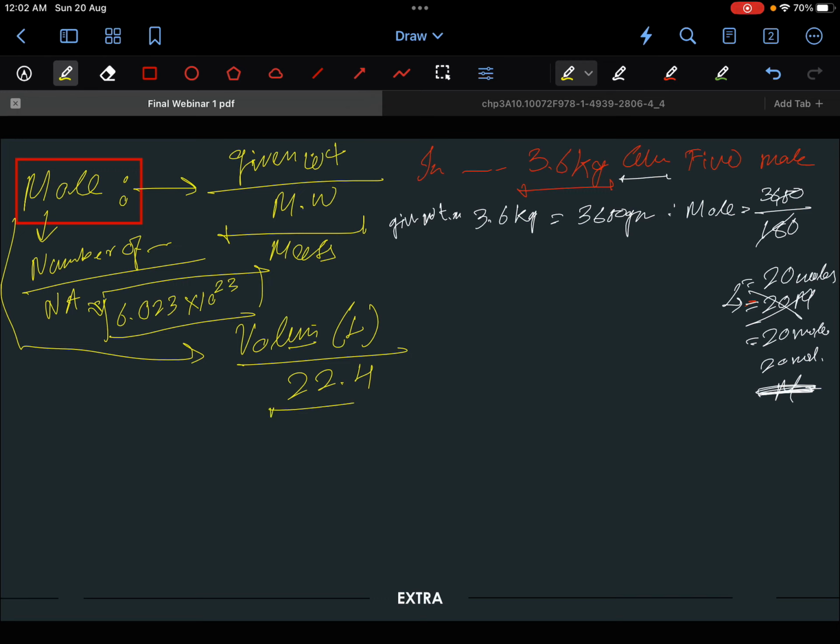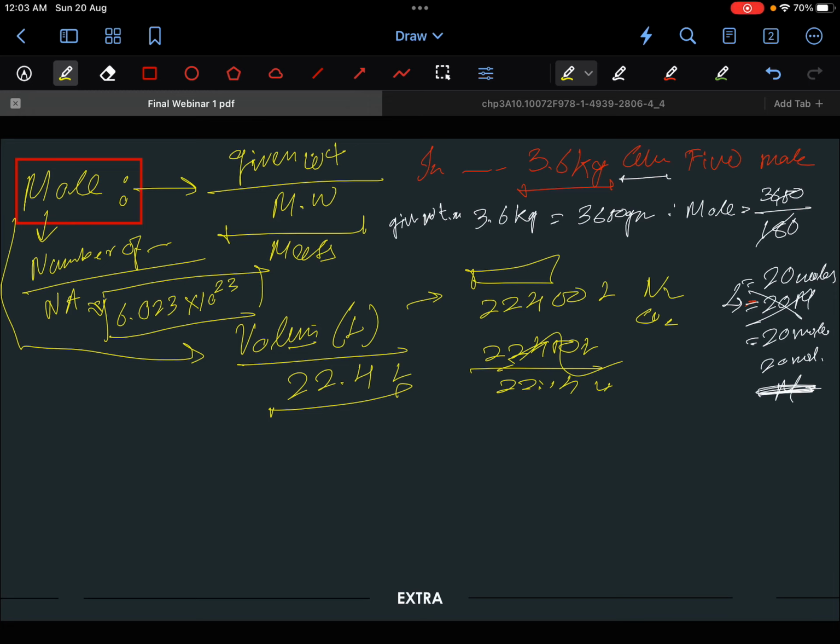Because this 22.4 is in liters. So, what is the number of moles of 22400 liters of, say, nitrogen or carbon dioxide or anything? Just divide 22400 liters by 22.4 liters and cancel these out. Whatever the result is, that is the number of moles. Okay, done. So this was the concept of mole.